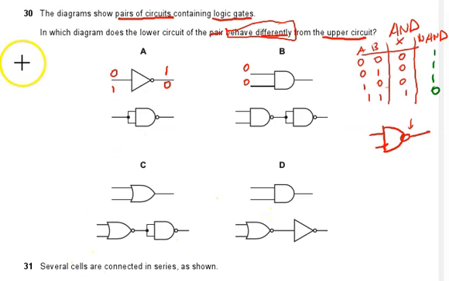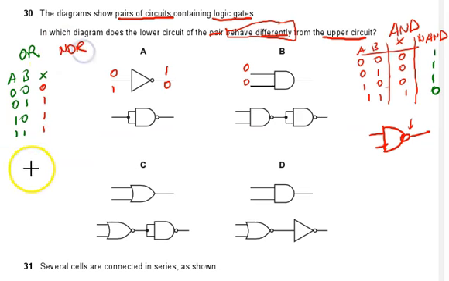For the OR gate, the truth table is A, B, X: 0, 0, 0, 1, 1, 0, 1, 1. So here you will get 0, 1, 1, 1. The NOR gate is the one with the circle in front of the OR gate. So here you have 1, 0, 0, 0. So this is the truth table for the OR gate and also the NOR gate.